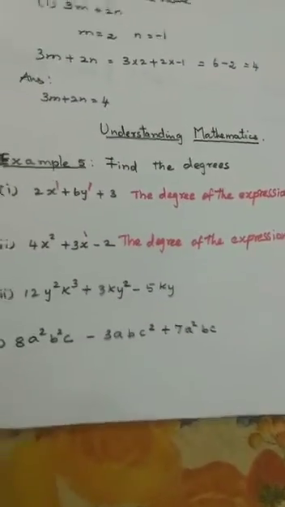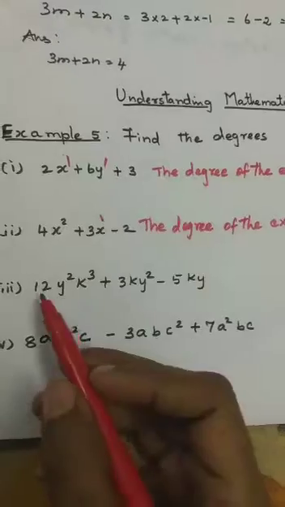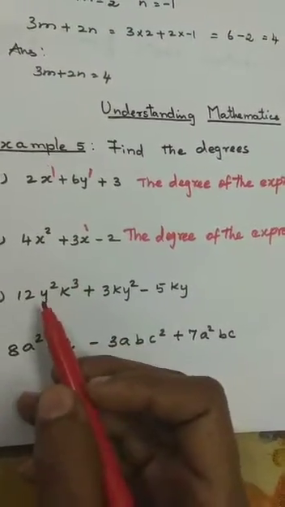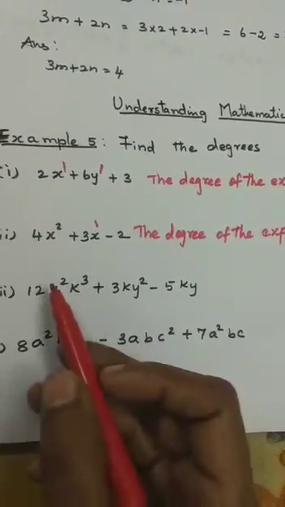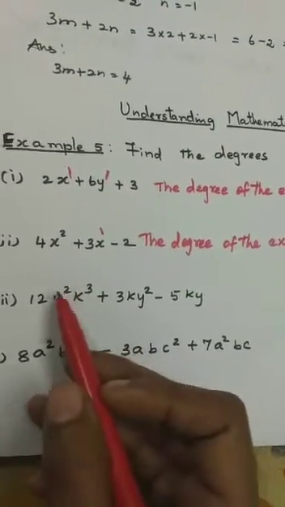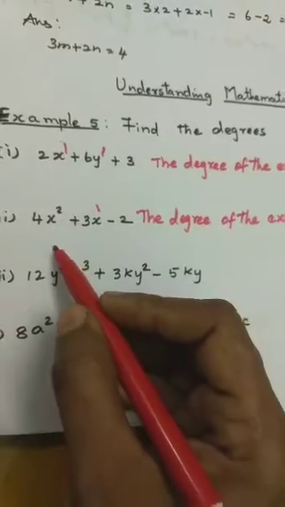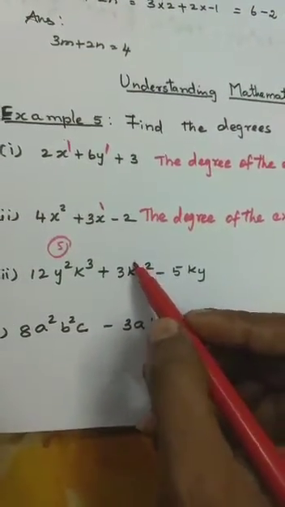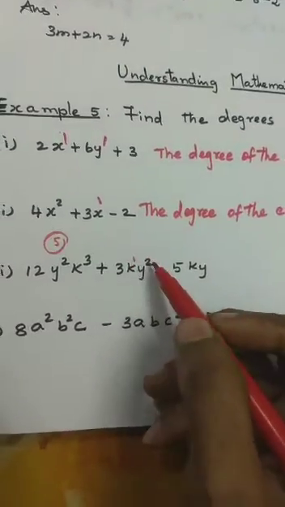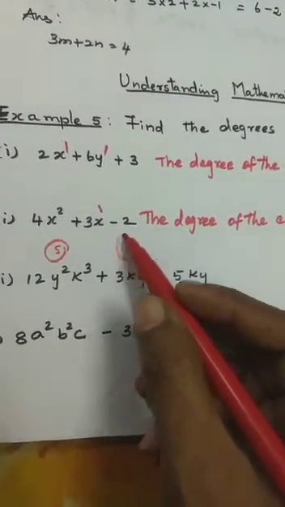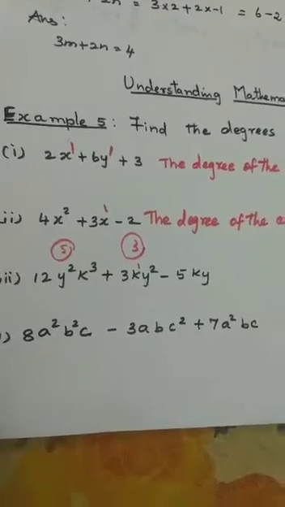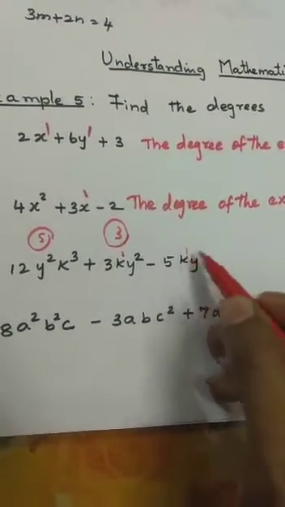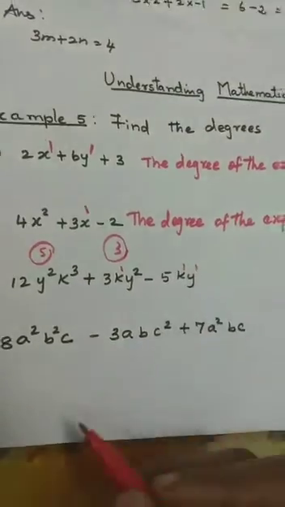Okay. Then see the next one, third one. That is 12 y square k cube. Here 2 variables. We have to add both the powers. Here the degree is 5. Here 1, here 2. 1 plus 2, 3. For this term, the degree is 3. And see here, for this variable 1.